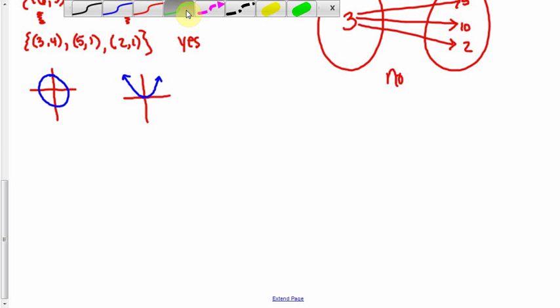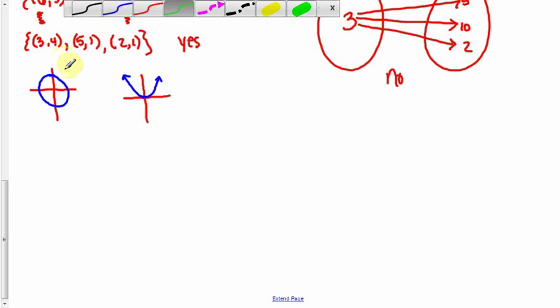The way that you use your vertical line test is you lay your pencil across, whatever. You put a vertical line through it. If every vertical line you can put through it crosses it only one time, then it's a function, because that means there aren't any repeated x's. But if it crosses it twice, it's not a function, or 3 times, or whatever.